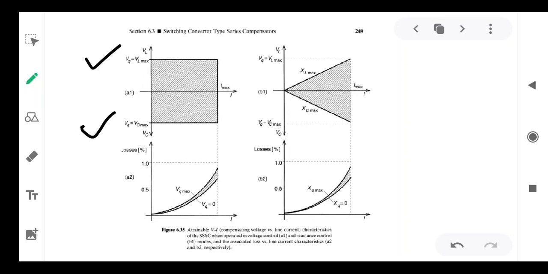VQ is equal to VC max on the leading side, minus plus, and the current maximum, this is the current maximum. I is plotted on the x-axis, V is plotted on the y-axis, with inductive voltage on the positive y-axis and capacitive voltage on the negative y-axis.